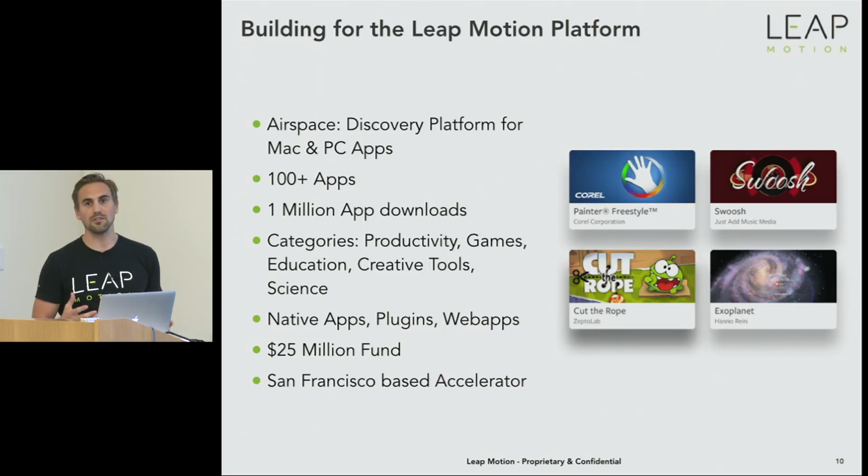We cover categories: productivity, games, education, creativity tools, music, science, and the store supports native as well as web apps. So it's a pretty good ecosystem for anyone buying the unit to have a lot of stuff to use. But on the development side, what that means is there's an awesome opportunity to get discovered if you get content on there.